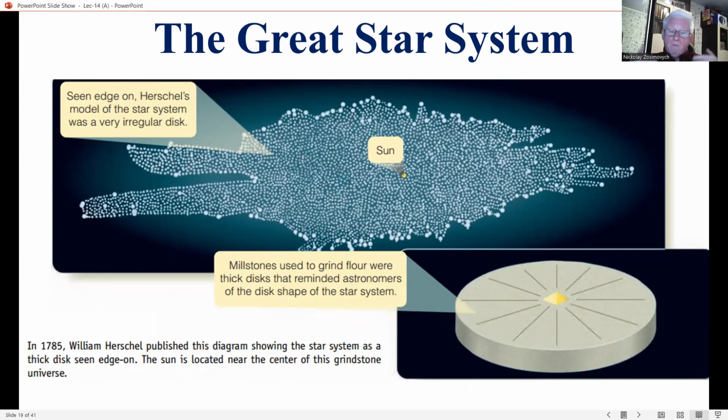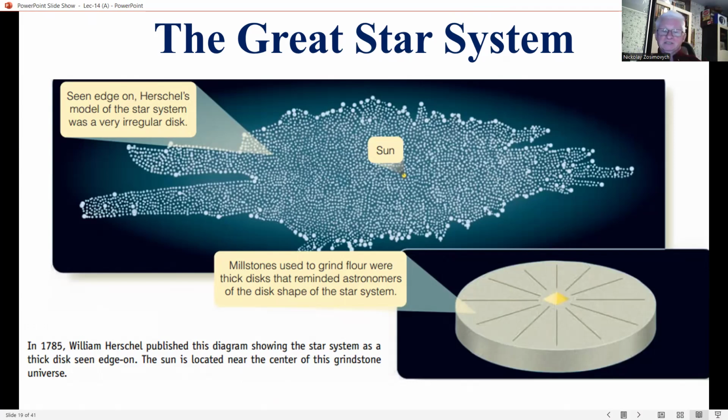Where they saw more stars, they assumed the star system extended farther into space. They plotted their results to create a diagram showing an irregular disc shape with the sun located near the center. That confirmed the grindstone model of the universe.